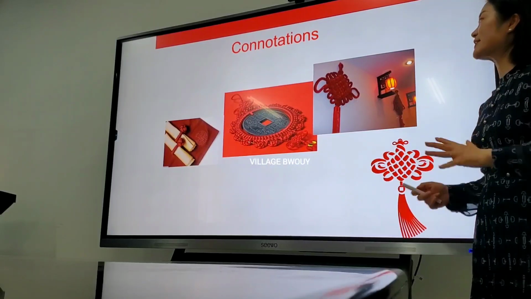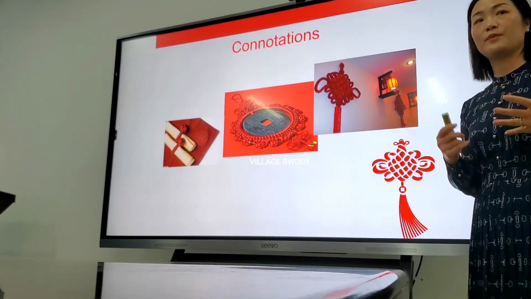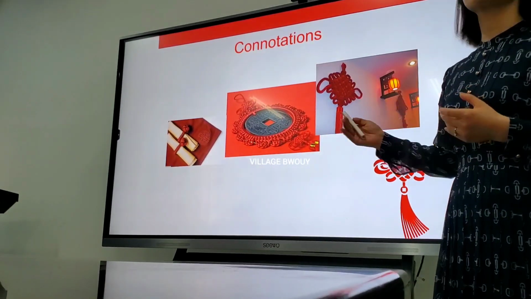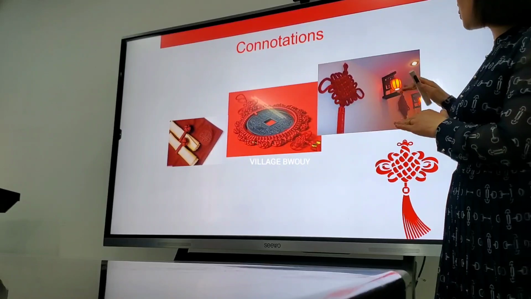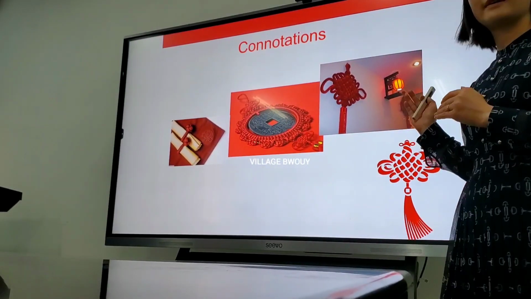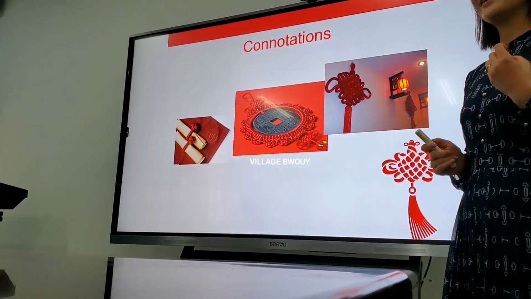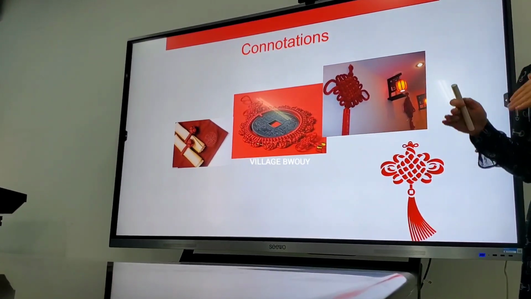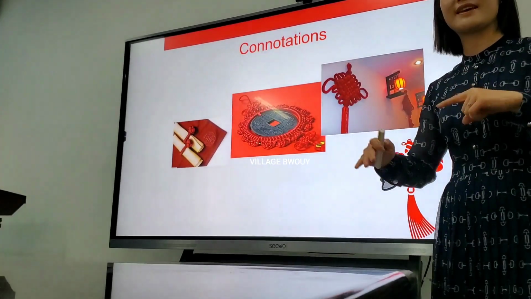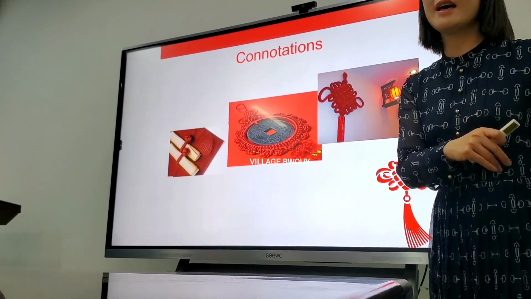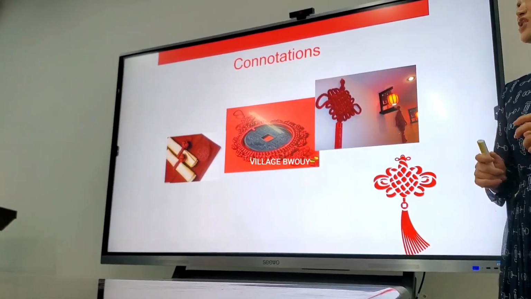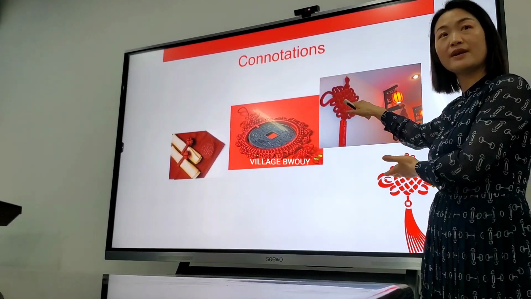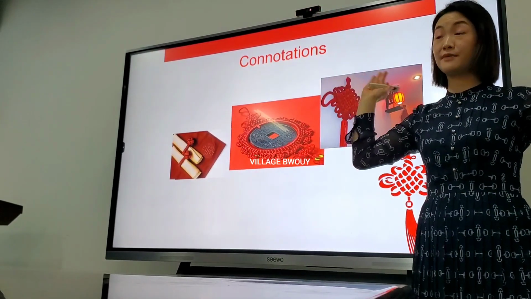Like we say, it's not just a beautiful decoration, but it also carries rich cultural connotations. So it's usually used on very important occasions like weddings, festivals and holidays. For example, during China's National Day, which is just before this week, October the 1st, if we go to the streets we can see long knots hanging on the two sides of the street.